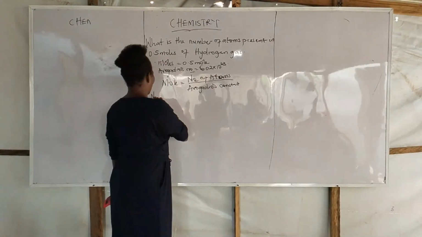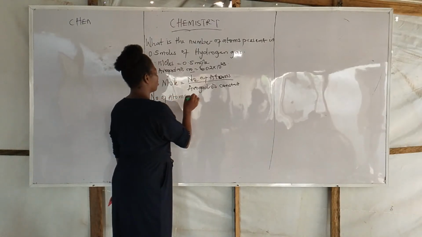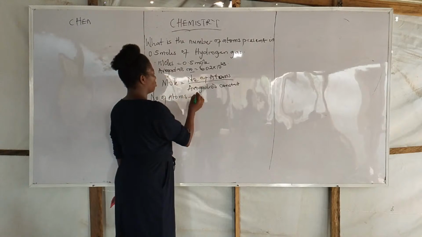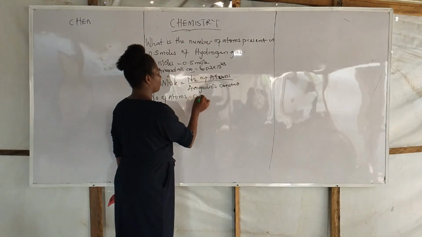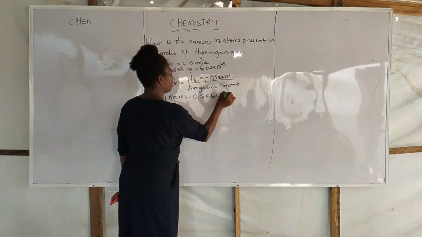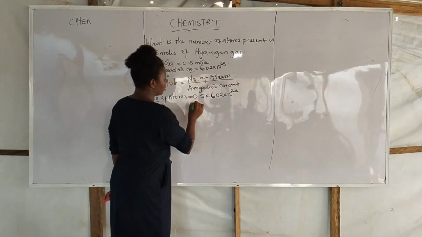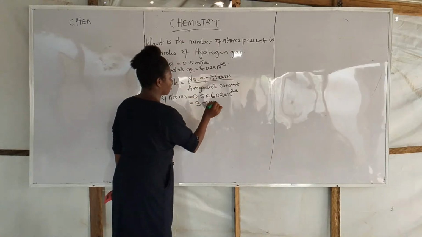Correct. So we have number of atoms equals our mole times Avogadro's constant, which is 0.5 times 6.02 times 10 raised to power 23. This is going to give you 3.01 times 10 raised to power 23.